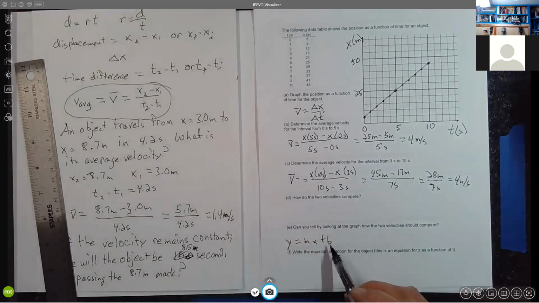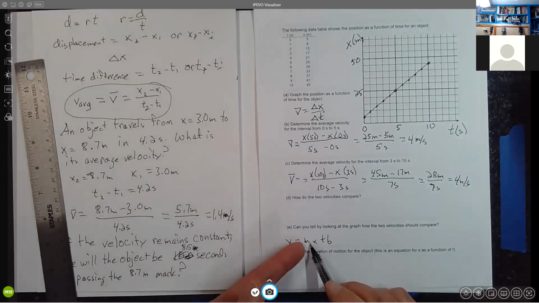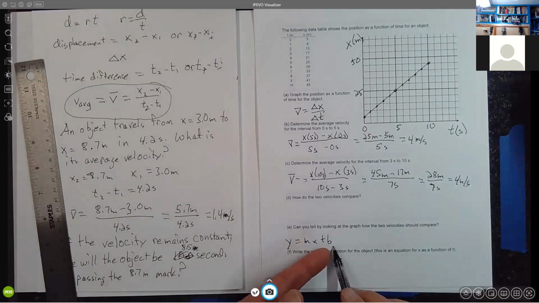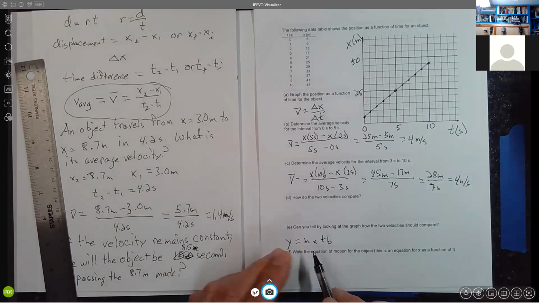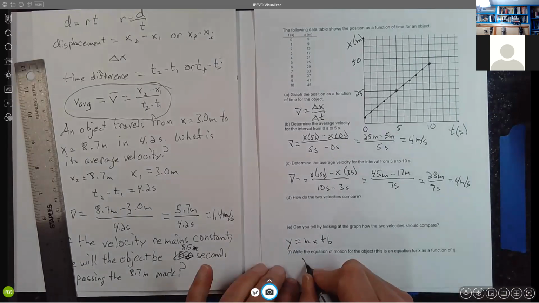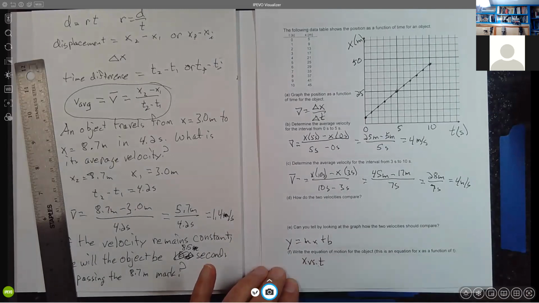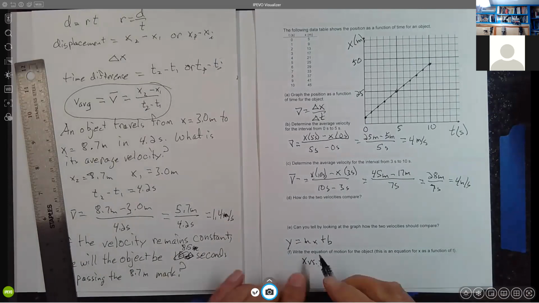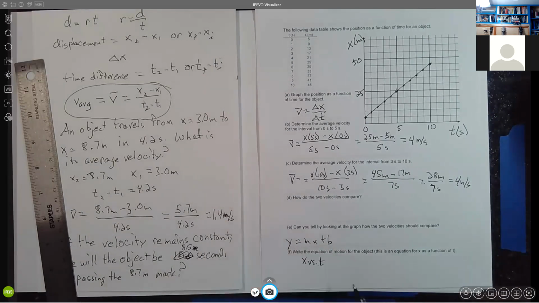M is the slope of the line. B is the y-intercept. Well, for my graph, it's not y versus x. It's going to be x versus t. So that's what I want. But it's still going to have a slope and a vertical intercept.